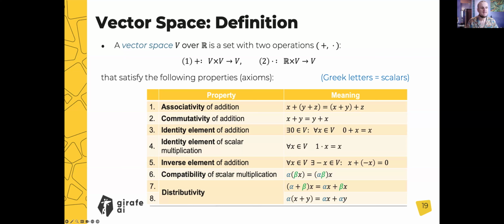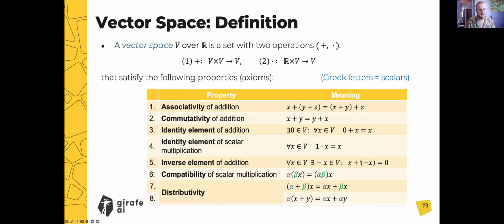Okay, and it satisfies some properties. The addition is associative and commutative, and there exists an identity element for addition, basically the zero vector. If you add 0 to something, nothing changes. That is why it is an identity or neutral element. It has the same for scalar multiplication, which is 1.